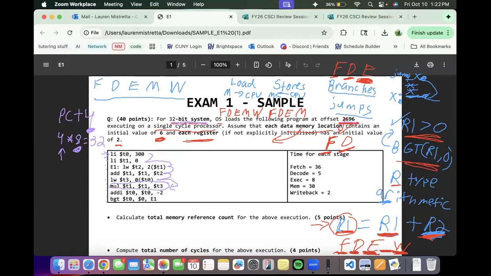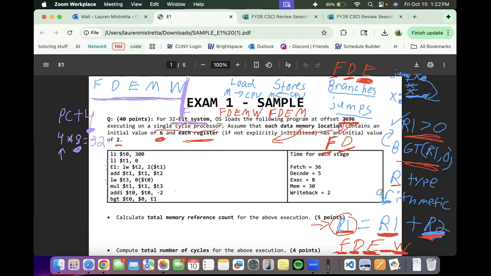We also know that this is a single cycle processor. And what that means is that I'm going to be doing each instruction in its own time. I'm not overlapping states. I'm not sure if you've learned pipelining yet, but if not, the difference with single cycle is that after doing fetch, decode, exec, mem, write back, the next instruction is fetched in the cycle after we finish writing back.